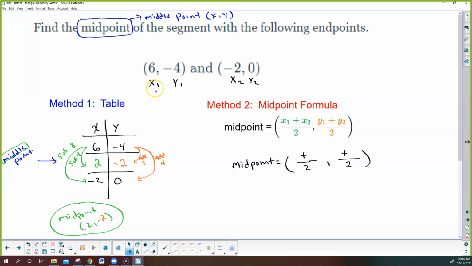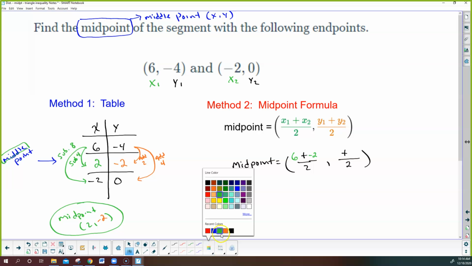So we're going to go back to what we labeled x1 and x2, and I'm literally just going to add them together. 6 plus -2. And then we'll do the same thing for the y's.